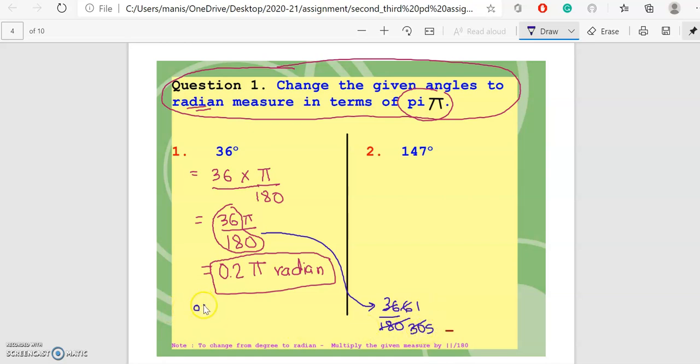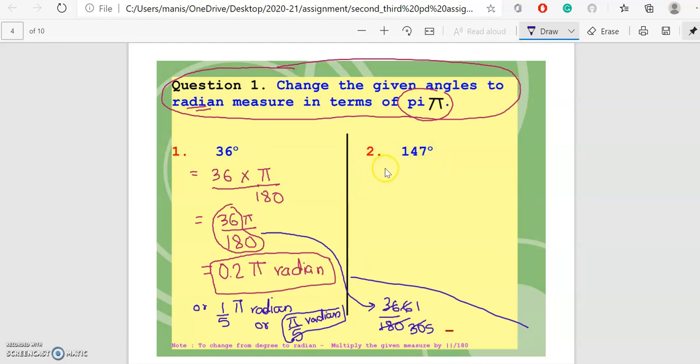So my answer can also be 1 over 5 pi radian, or pi over 5 radian. I will again reiterate, you will need a scientific calculator for this class. Go ahead and buy it.